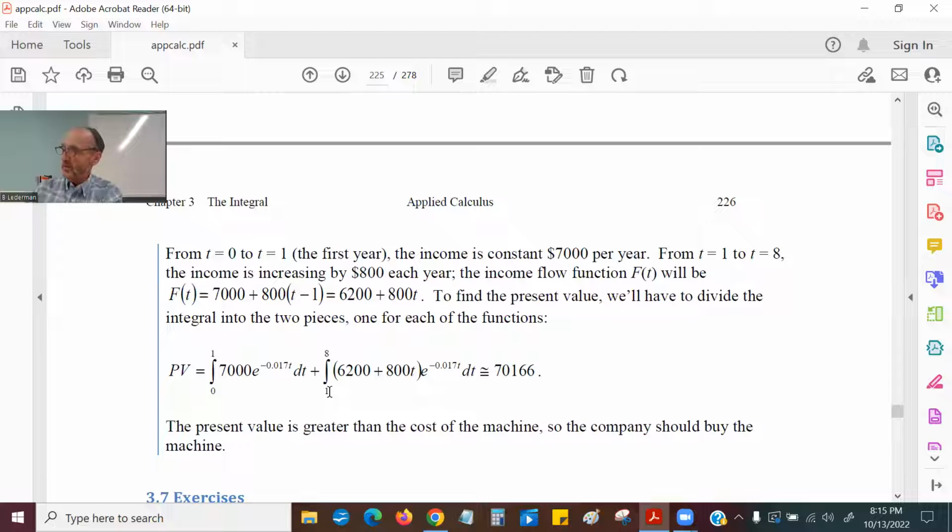So here we go. I'm copying it down, and I'm going to switch cameras. So PV equals the integral from 0 to 1 of that base 7,000 times e to the negative 0.